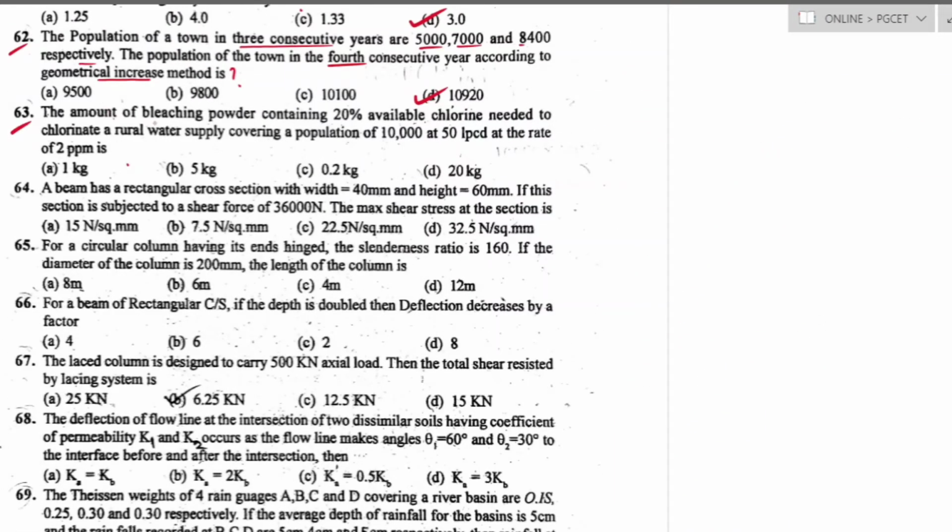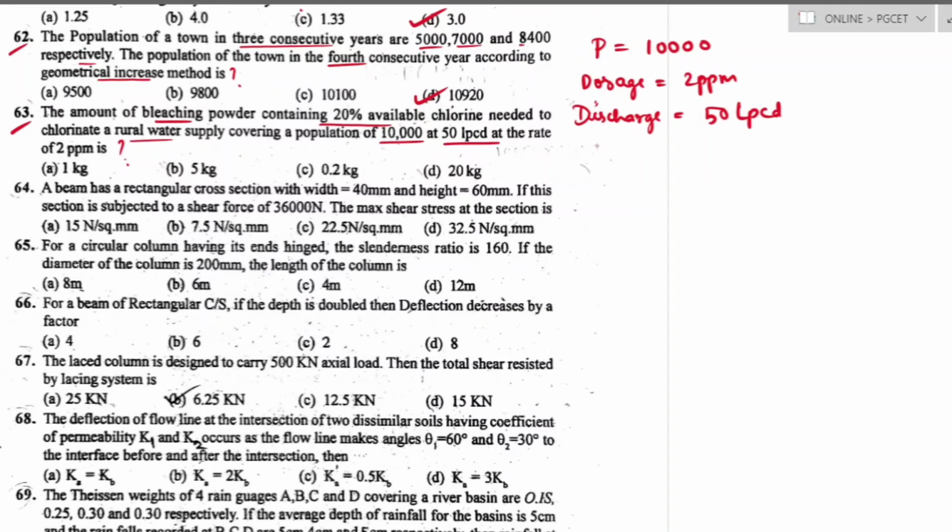Question number 63. The amount of bleaching powder containing 20% of available chlorine needed to chlorinate a rural water supply covering a population of 10,000 at 50 LPCD at the rate of 2 ppm is. So let's write down the given data. Population is 10,000, chlorine dosage is 2 ppm and discharge is 50 liter per capita day.